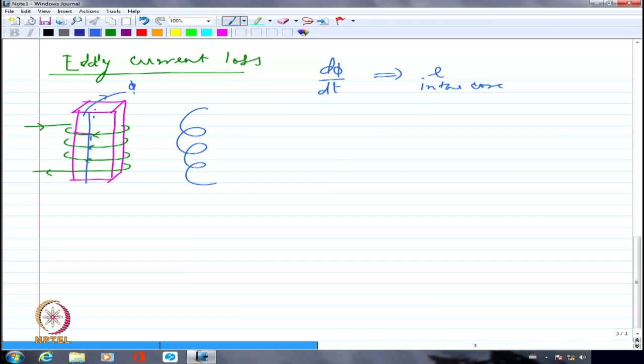So if I have a solid core which is wound with a coil, and you are passing an alternating current through that, you are going to have currents induced in the core itself, which is generally known as the eddy current. And that eddy current is going to cause a huge amount of I square R losses in the core. So this is known as the eddy current loss.